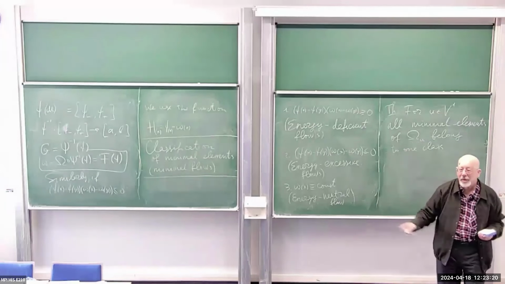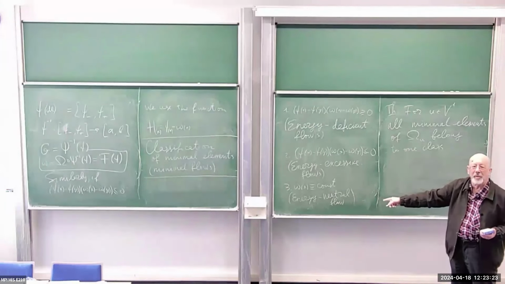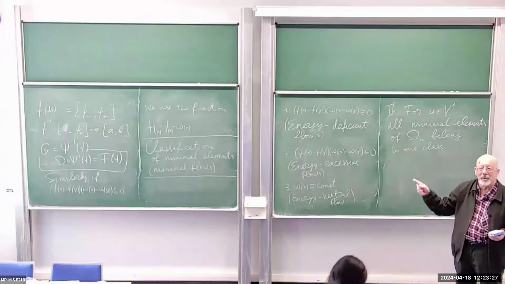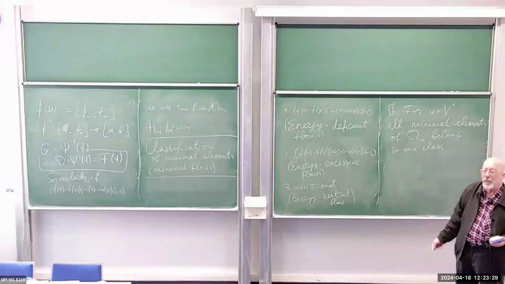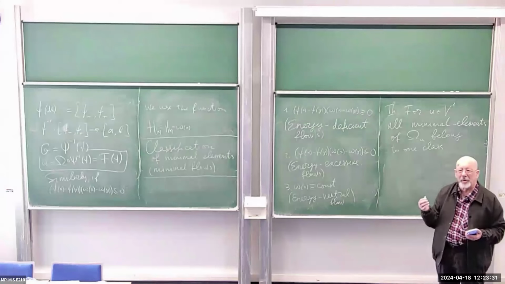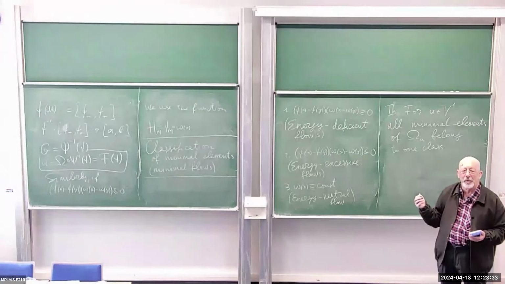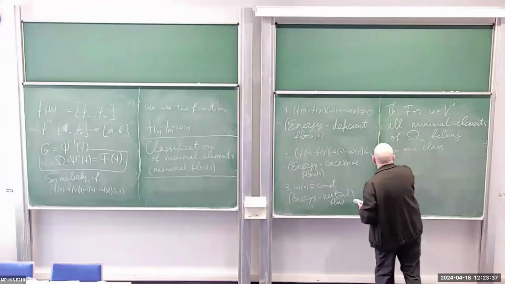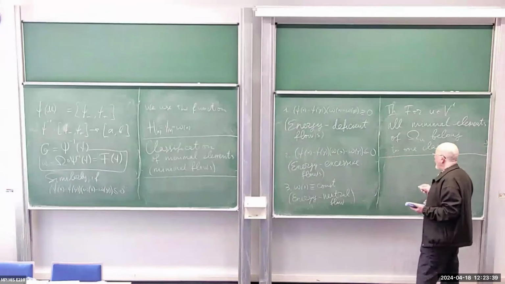So we have three classes of minimal elements, and all minimal elements belong to one class. So it is not the property of a particular minimal element, it's the property of u.